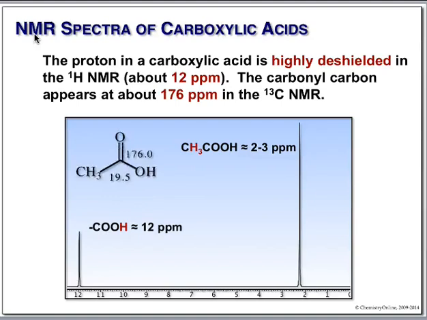So if we look at acetic acid, our methyl group here is about 20 parts per million, and this is 176. So aldehydes and ketones are very easily distinguished from the whole acyl family, right in the 170s. Any questions?